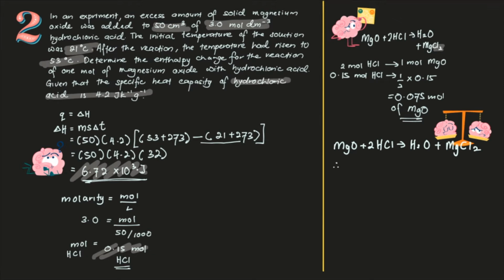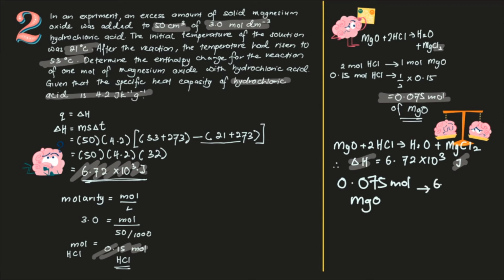So for this reaction, the delta H should be equivalent to 6.72 times 10 to the power of 3 joule. Bear in mind that the unit here is joule, not joule per mole, because the number of moles of magnesium oxide for this much delta H is actually 0.075. So 0.075 mole of magnesium oxide will produce 6.72 times 10 to the power of 3 joule.